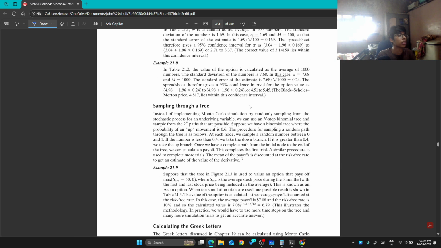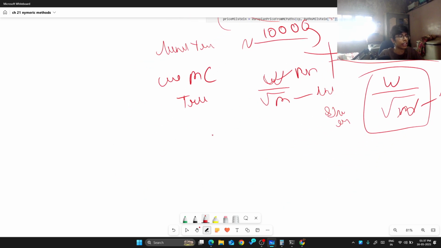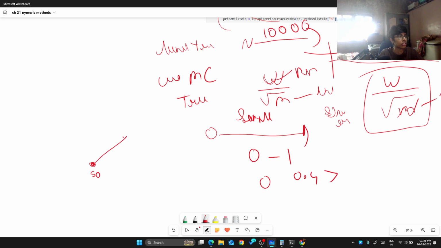And sampling through a tree. With this sampling through tree method, we can use Monte Carlo simulation with a binomial tree. How? Let's say we fetch a sample value from 0 to 1, right? If the value is more than 0.4, we will say there is an up movement.